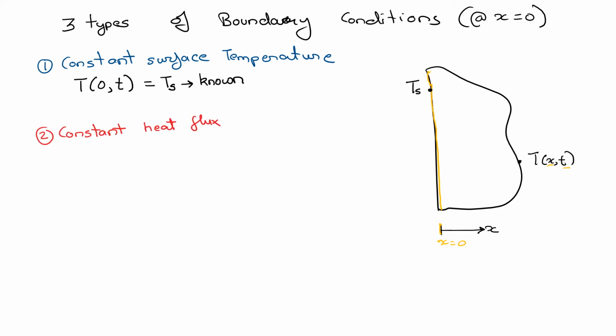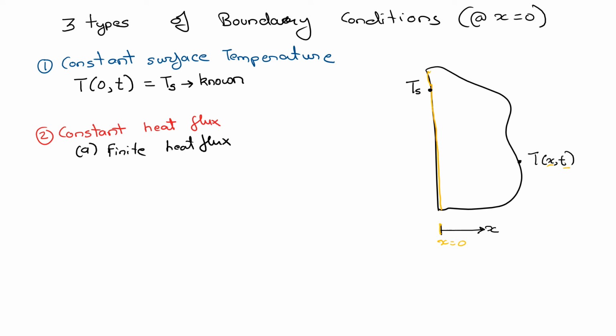Let's move on to the next one. The next type of boundary condition you can have is the constant heat flux, so constant heat flux at x equal to 0. This particular type has two subtypes. Let's say you have a finite heat flux, that means a non-zero heat flux. How will you write down the heat flux?